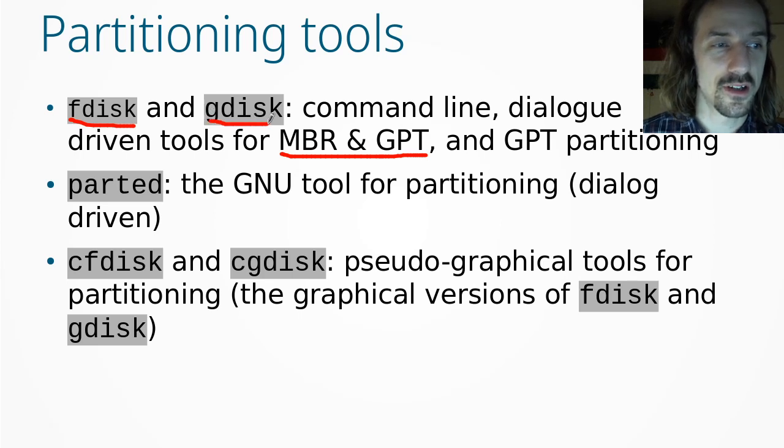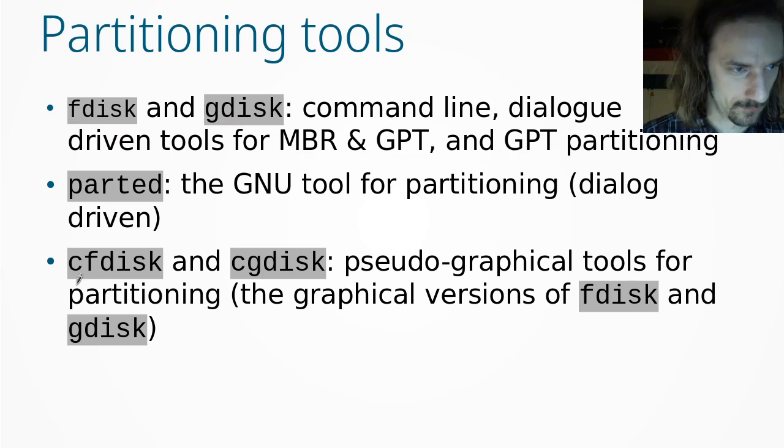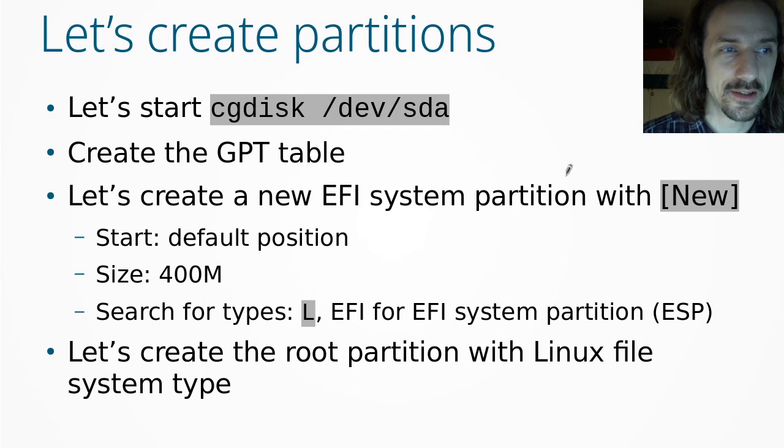But Gdisk is a better, newer version which only supports GPT. cfdisk and cgdisk are two pseudo-graphical tools for partitioning, which means that they have a kind of character-driven graphical interface. So we will be looking at cgdisk.